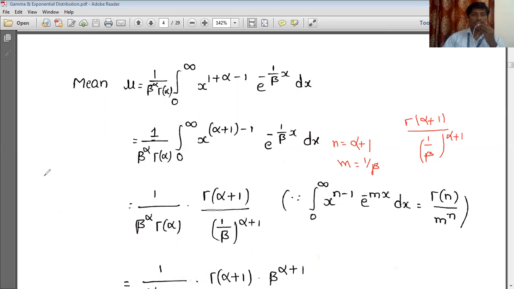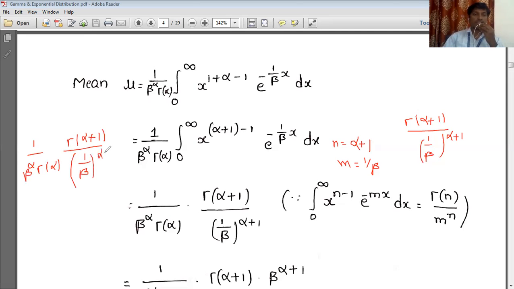So here it is already what we have here, 1 by beta power alpha gamma alpha. So 1 by beta power alpha gamma alpha, and next, gamma alpha plus 1 by 1 by beta whole power alpha plus 1, right? So this is the one.